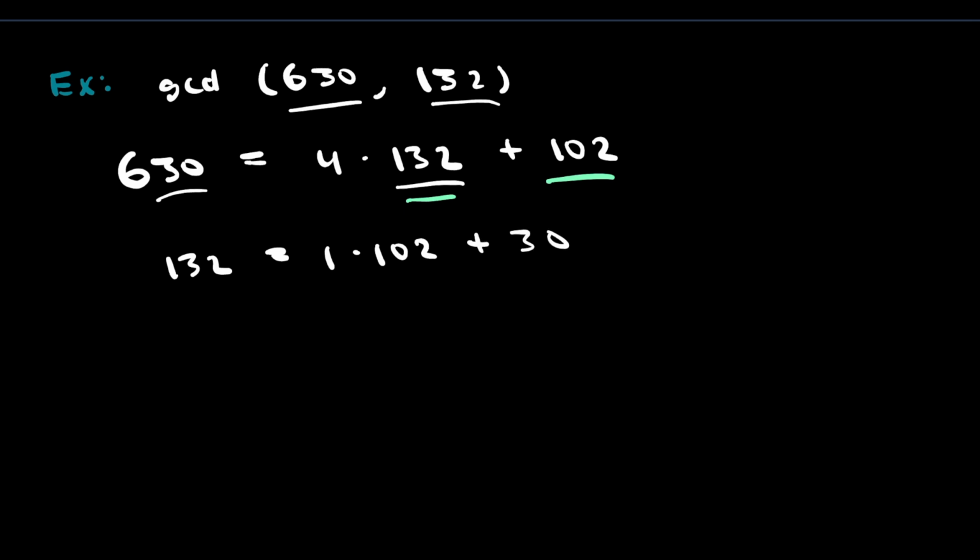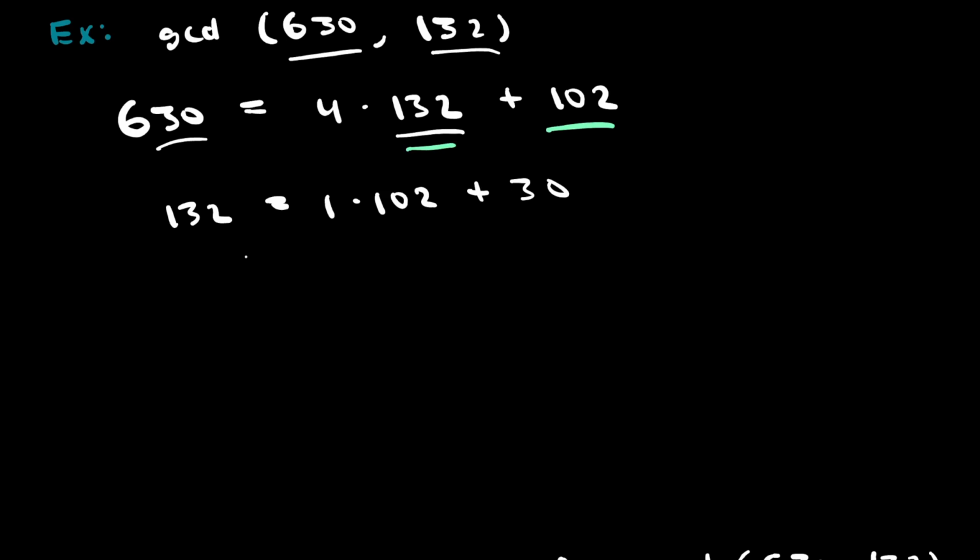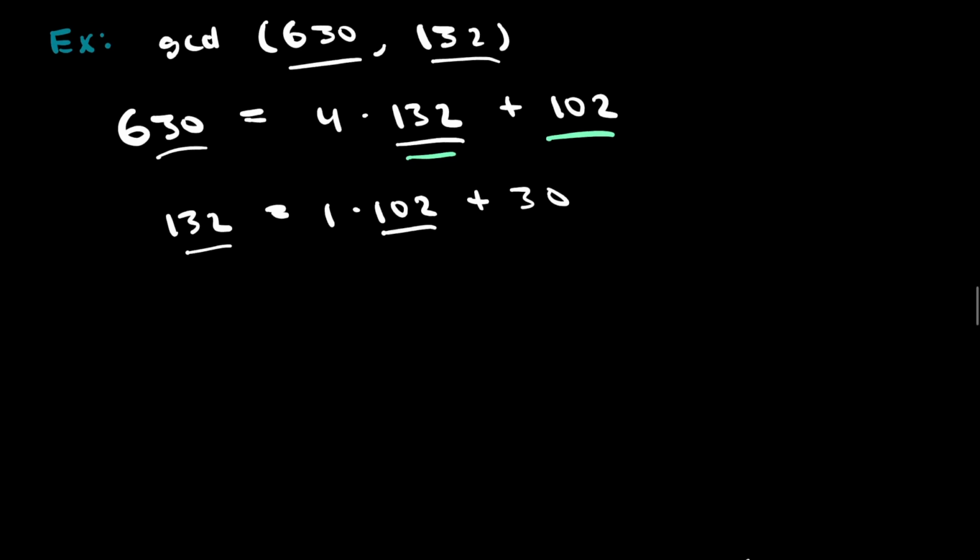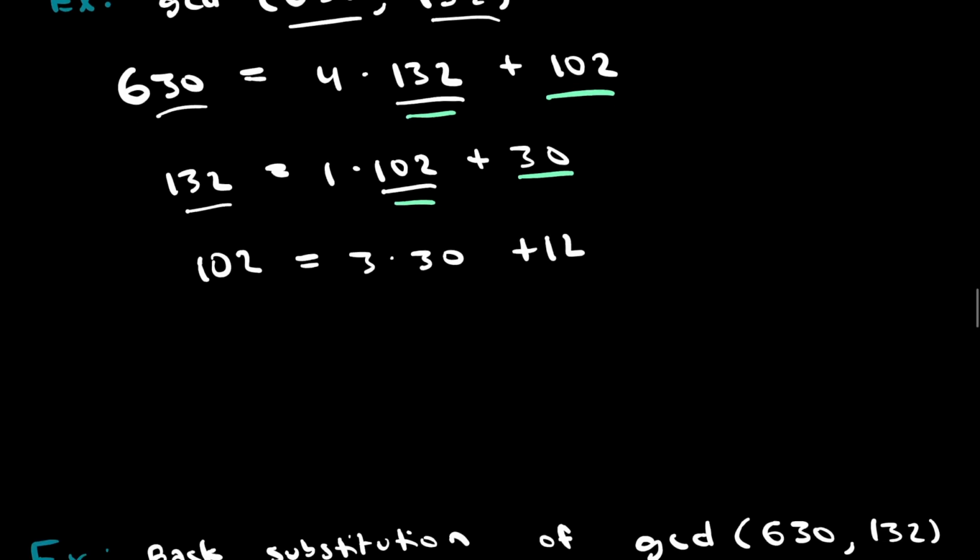And then going forth, the greatest common divisors of 132 and 102, and of 102 and 30, are the same. Now we find the greatest common divisor of 102 and 30. So 102 is equal to 3 times 30 plus 12. Following the same logic, 30 is equal to 2 times 12 plus 6.